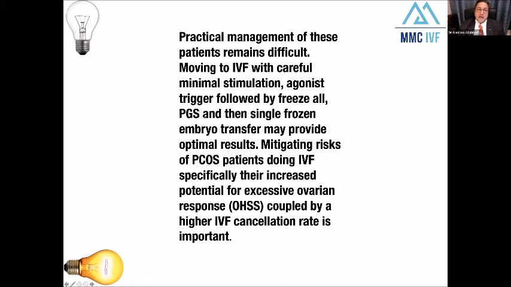Ideally, again, in a developed world and where patients can afford it, a pre-implantation genetic testing for aneuploidy or a PGS, a pre-implantation genetic screening is done. And then only a single frozen embryo transfer in the next month can give 70% pregnancy rates.